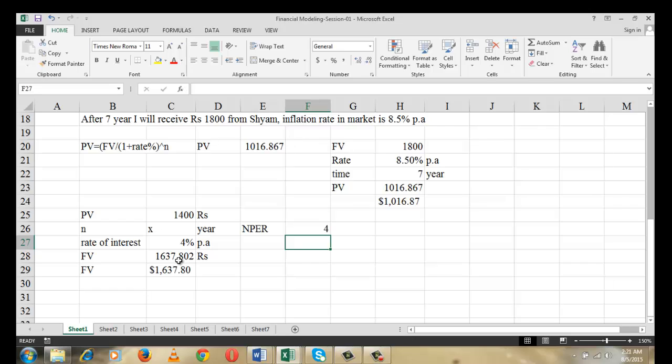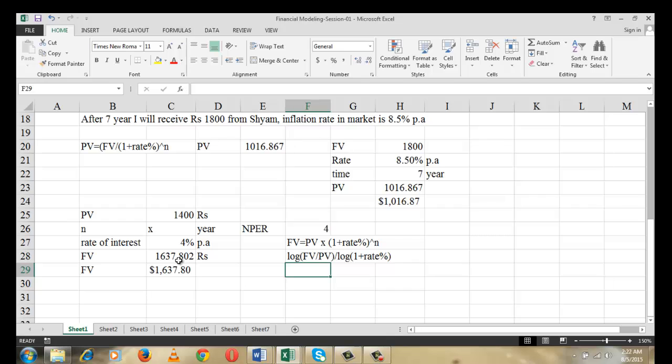Otherwise, if you want to do it manually, you would do: future value is equal to present value into 1 plus rate of interest to the power n. If you want to find the value of n, and the unknown is in the power, the only way you can do it is log of future value divided by present value, divided by the log of 1 plus rate of interest.